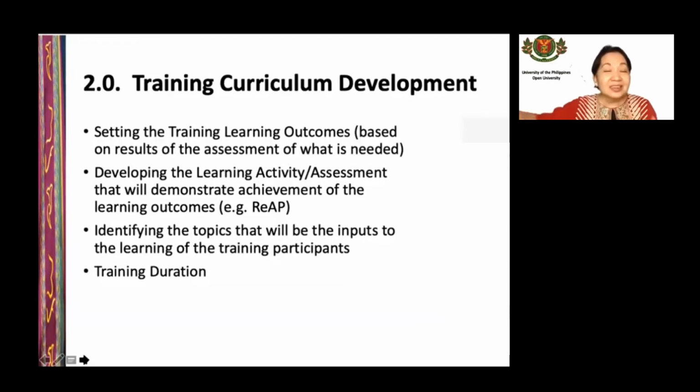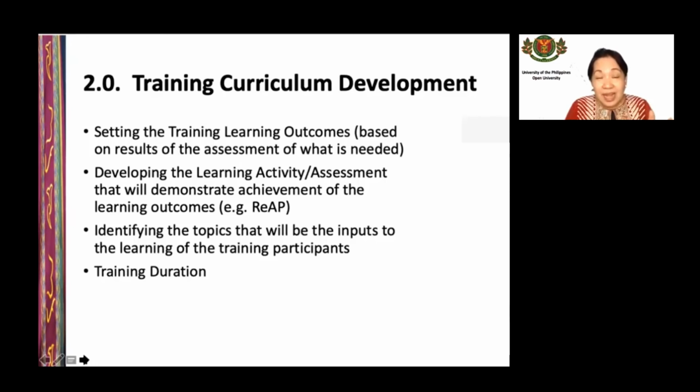So we have different learning outcomes. Ako ang learning outcome ko para sa kanila, sila ang learning outcome nila para sa mga estudyante, yung sa mga magre-review nila, na maipasa nila yung exam. Ako kailangan ko lang makapag-design sila ng kanilang review session, ng materials nila, makonduct nila yung review session nila efficiently and effectively. Ganon. So kailangan ma-set yun.